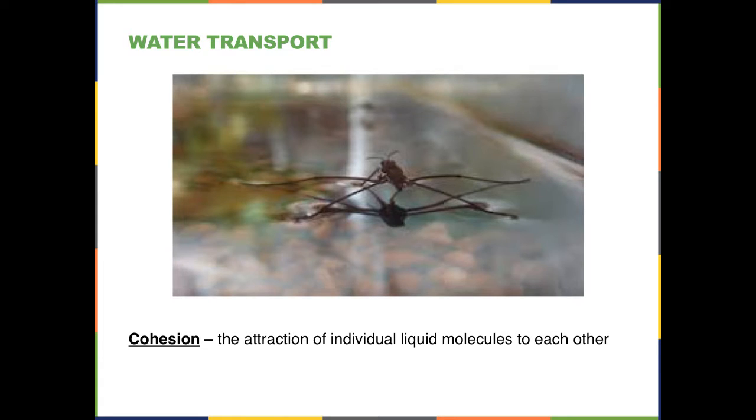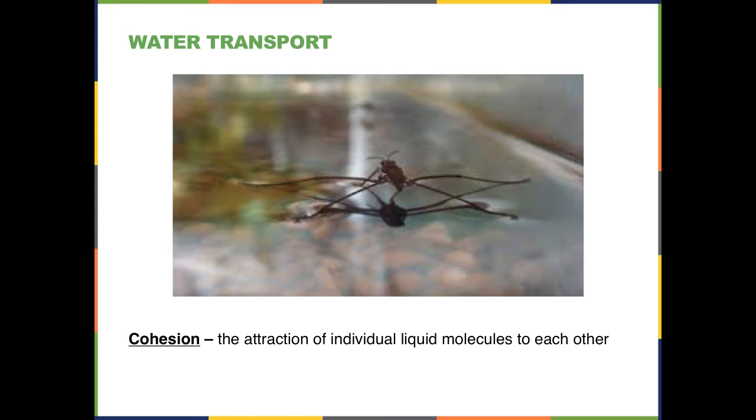Now with water transport, one of the most important processes that occurs is known as cohesion. Cohesion is a physical phenomenon, and it's a function of the liquid involved. In the case of plants, we're generally talking about water. Cohesion is defined as the physical attraction between individual water molecules, or liquid molecules, to each other.